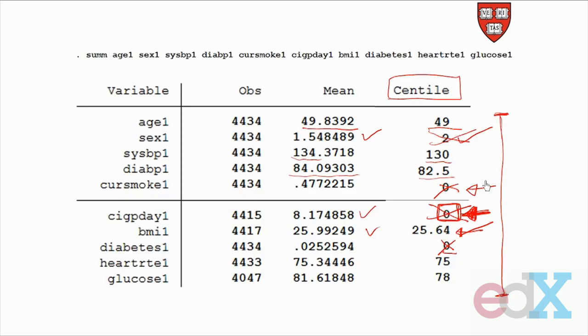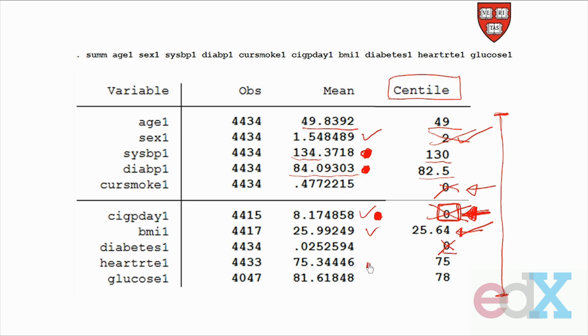And we're seeing this. Let's go back to our variables. For example, with the systolic, the mean is bigger than the median. With the diastolic, the mean is bigger than the median. And that could be because we have a few large values on the right-hand side. This one, the mean was much bigger than the median because we had a lot of people out there smoking a bunch of cigarettes per day.